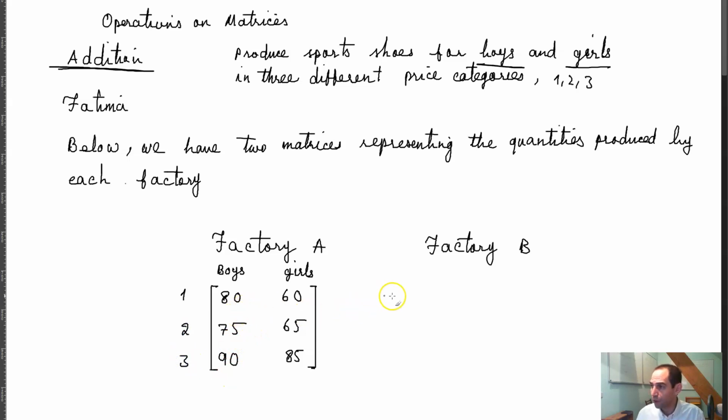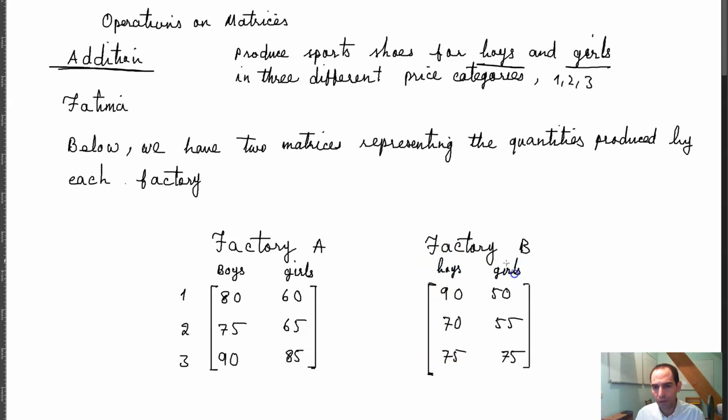And likewise we have 90, 50, 70, 55, 75, and 75. And that becomes your second matrix for factory B. Again, this is for boys, this is for girls, and this is the price category 1, 2, and 3, right?